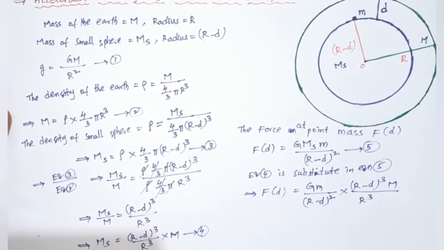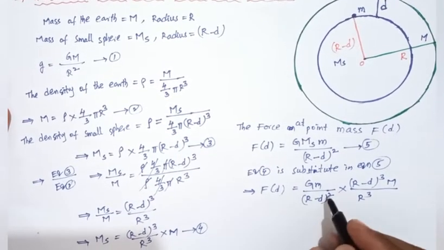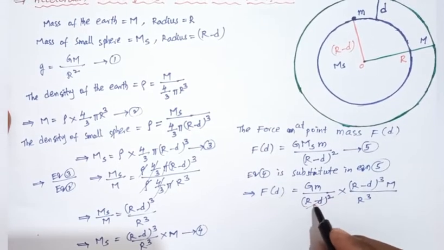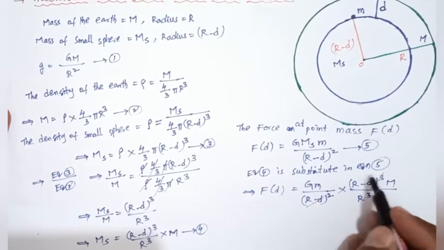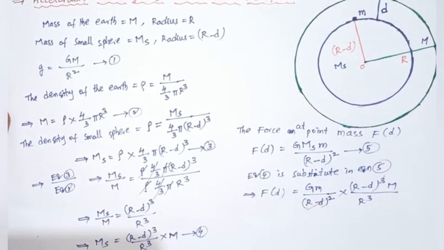The term (R minus d) whole square and (R minus d) whole square cancel, remaining is R minus d.